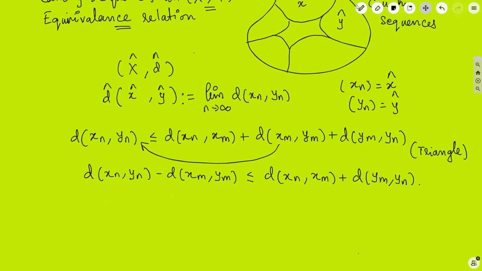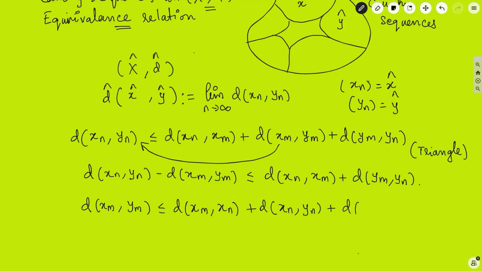One thing I want to point out is that there's nothing special about starting with n. You could have started with m as well. So if I had started with x_m, y_m, and used the triangle inequality by introducing the term x_n, that's completely fine. So d(x_m, y_m) is at most d(x_m, x_n) + d(x_n, y_n) + d(y_n, y_m).